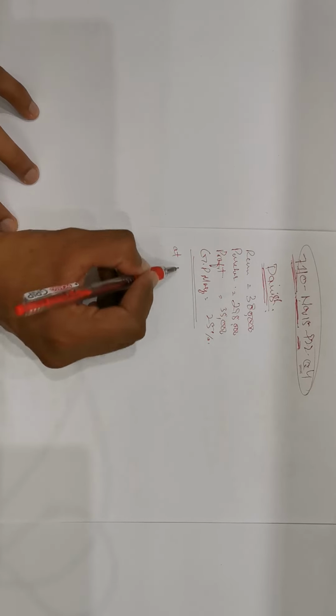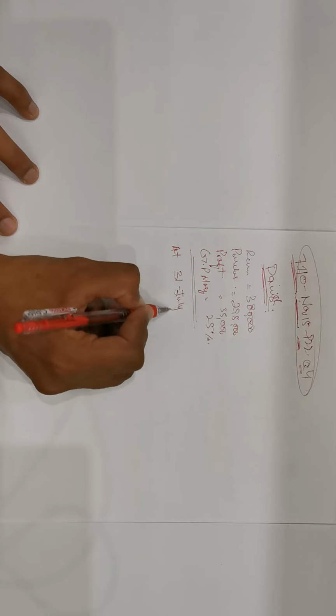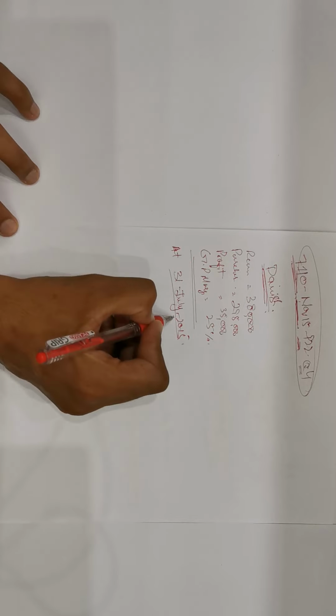And after that he says that at 31st July, now these are the closing values, 31st July 2015, what are the additional informations?